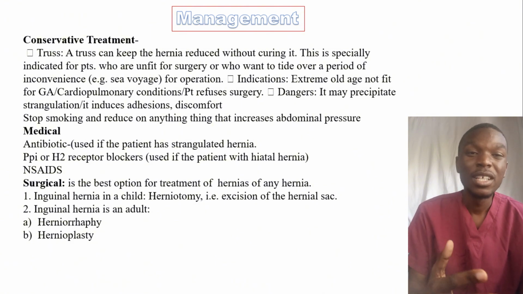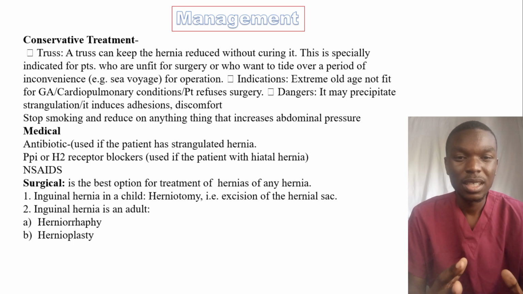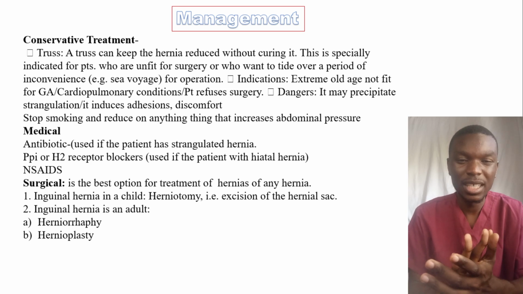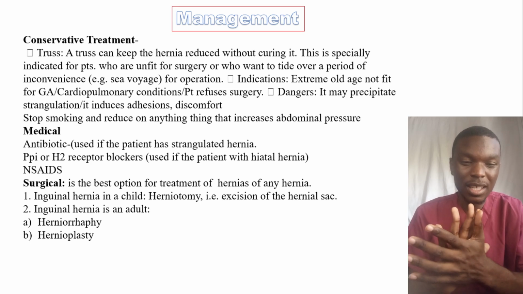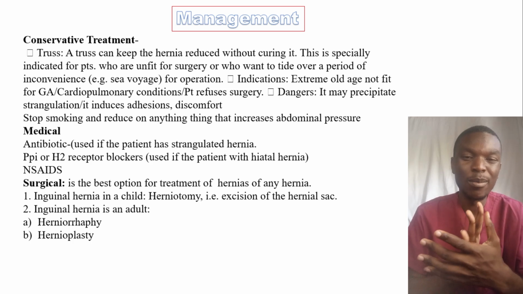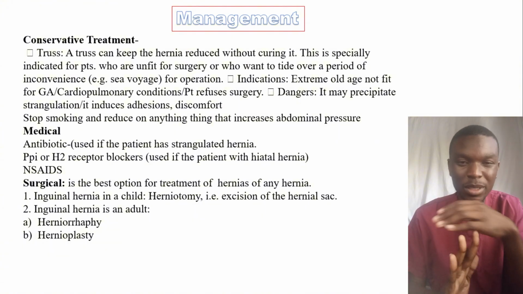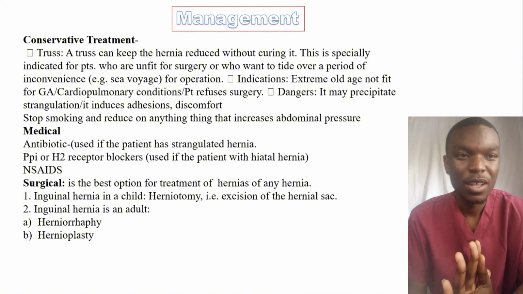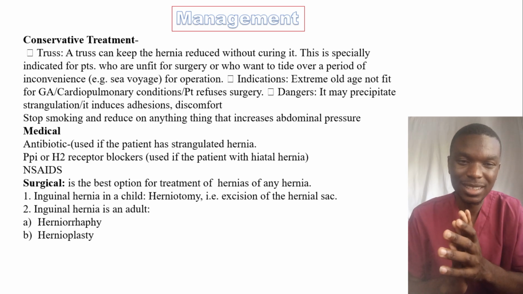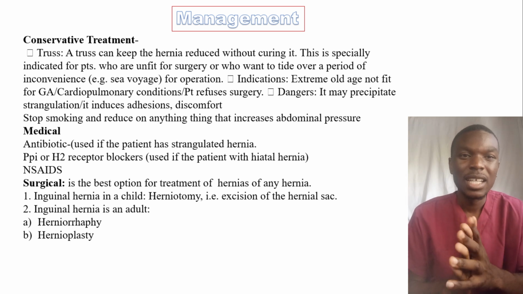You can put a truss. This is just like a band that pushes the hernia inside so that it no longer bulges. It's like a wrap around the patient to cover it. This does not cure, it just pushes the intestine back into position. Once you remove it, it will go back.